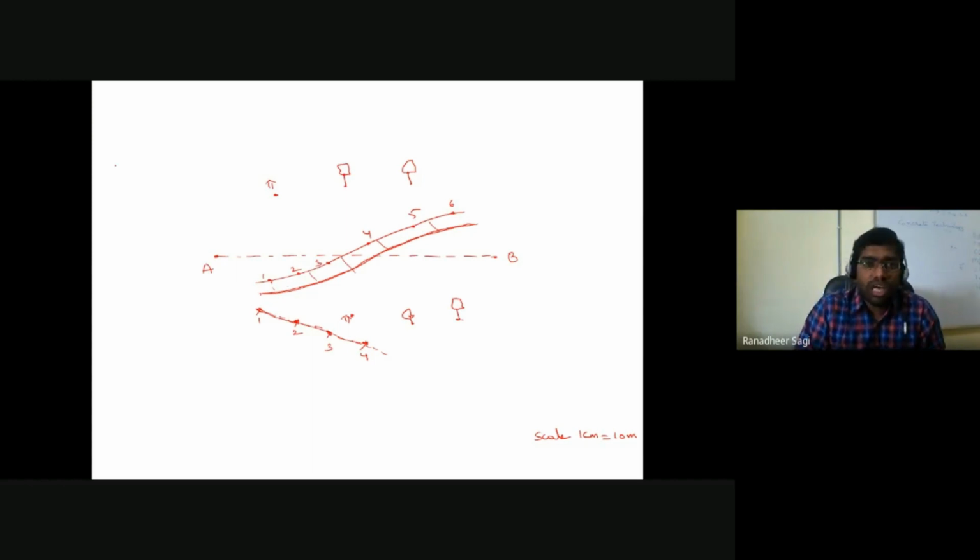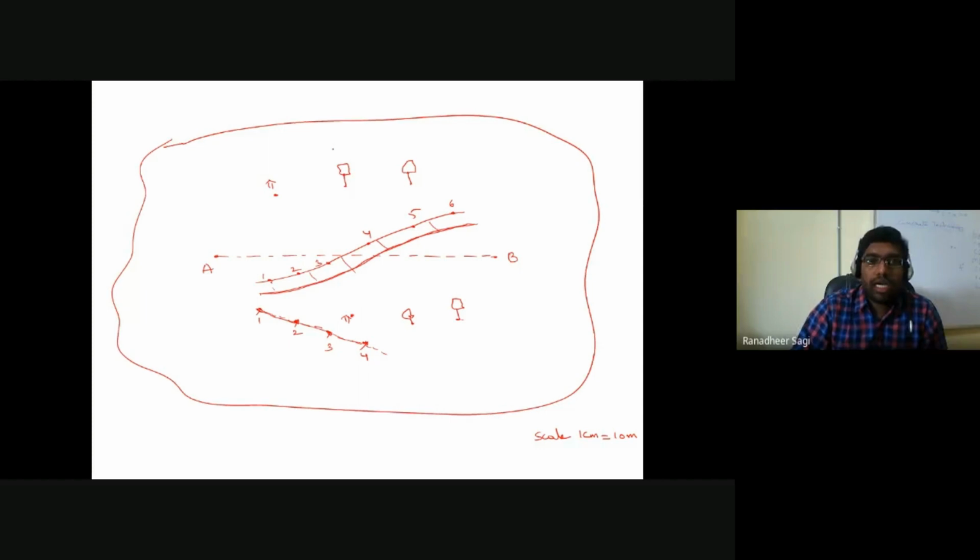Okay, so whatever I have prepared here, this is what we call the mapping of the data you have in your field into a graphical representation, by putting all that data into a sheet or into your computer.